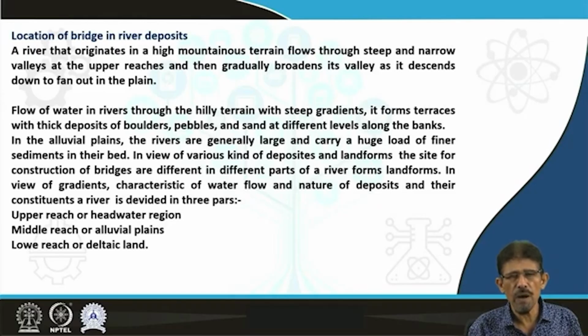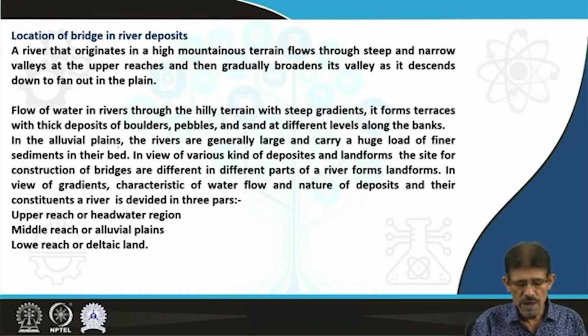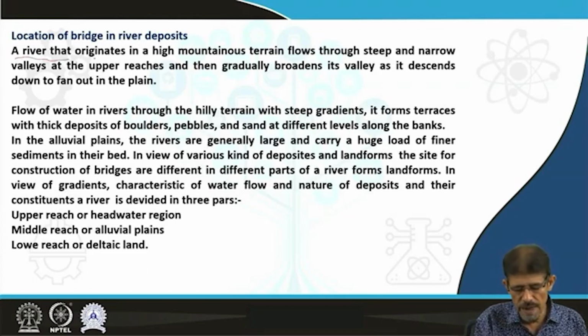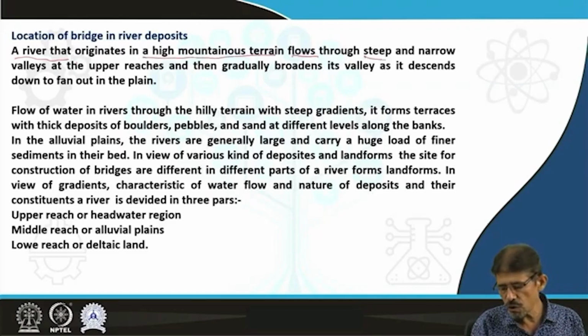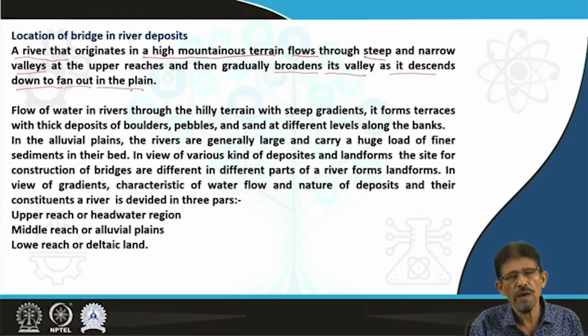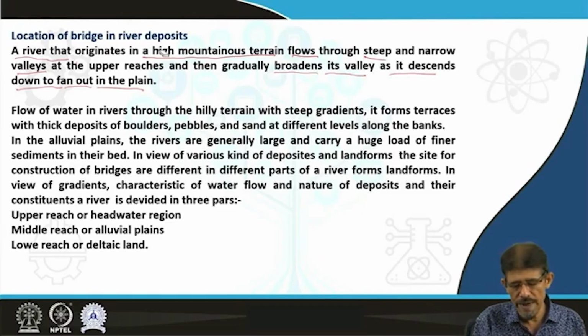Before discussing recommendations concerning types of bridges, here we are going to see the elementary features of a river. A river that originates in a high mountain terrain flows through a steep and narrow valley at the upper reaches, then gradually broadens its valley as it descends to fan out in the plain, and finally is responsible for formation of a delta.